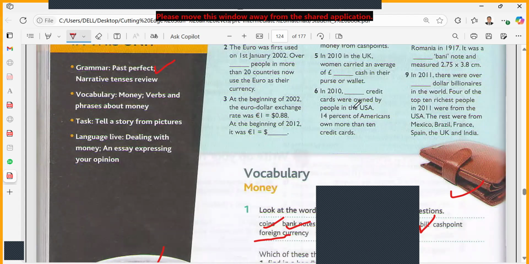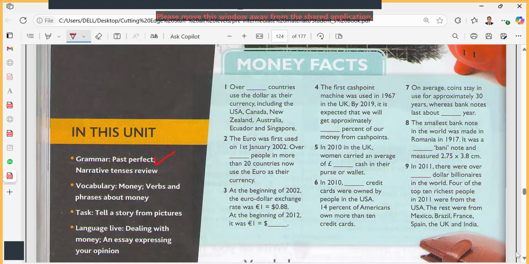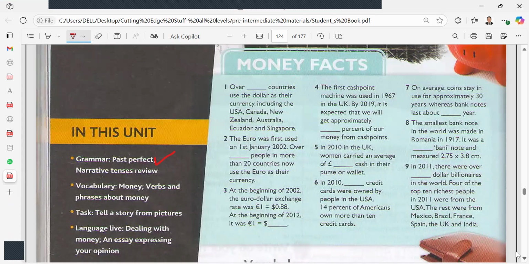Unit 14, Recording 1. 1. Over 30 countries use the dollar as their currency, including the USA, Canada, New Zealand, Australia, Ecuador, and Singapore. 2. The euro was first used on the 1st of January 2002.